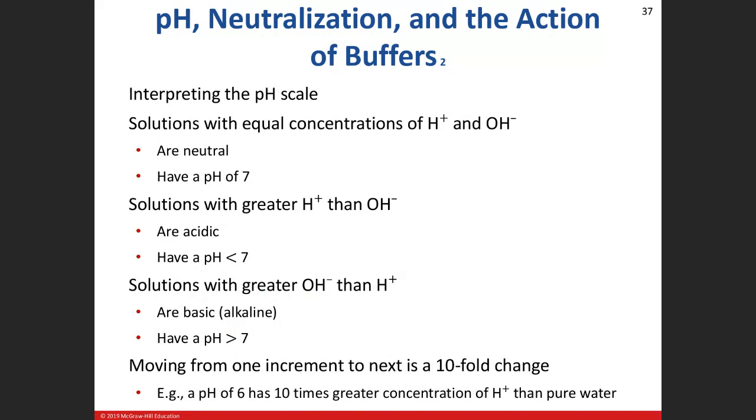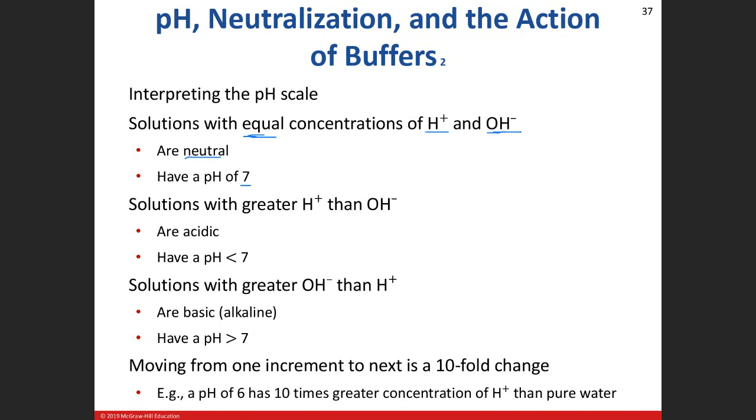So solutions in which we have equal concentrations of H plus and OH negative, like water, for example, like I showed you, are going to be considered neutral. So they'll have a value of 7, because remember, 7 is right in the middle. 7 is the neutral value.